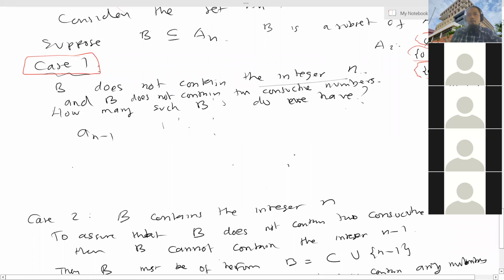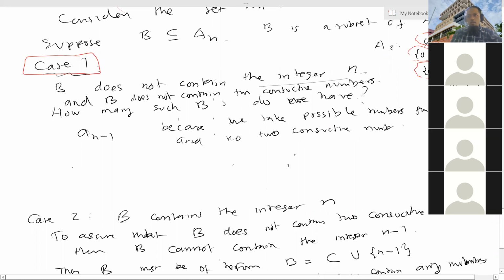Because we take possible numbers from 0 to n minus 1 and no 2 consecutive numbers are allowed. So a_{n-1}.